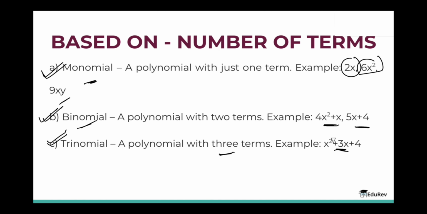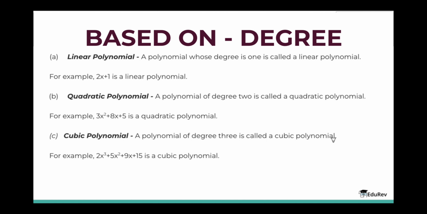Now the types of polynomials based on the degree are of these 3 kinds. We have a linear polynomial, a quadratic polynomial and a cubic polynomial, which we are going to study as of now. A linear polynomial is a polynomial whose degree is 1. For example, 2x plus 1 is a linear polynomial, whereas a quadratic polynomial is a polynomial of degree 2.